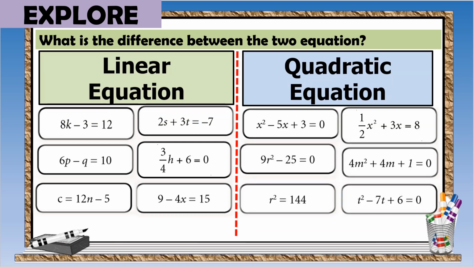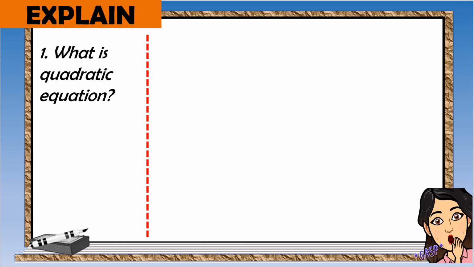By the definition of the linear equation, those are equations with degree 1, while quadratic equation is what we are going to discuss in this topic. So again, the question is, what is a quadratic equation?